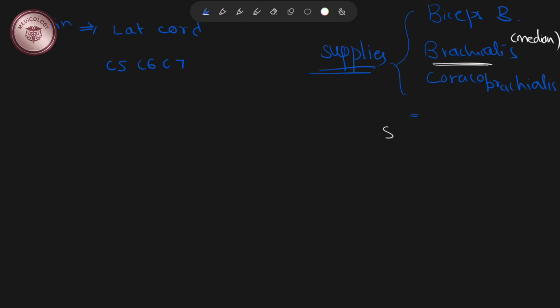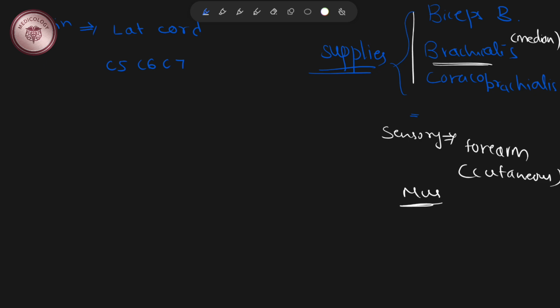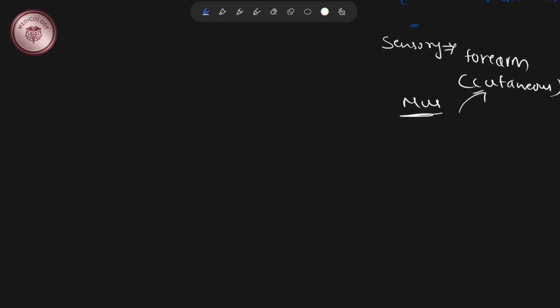And in the sensory part, it gives branches as cutaneous supply to the skin of the forearm. It is named musculocutaneous because it supplies muscles here and skin here.